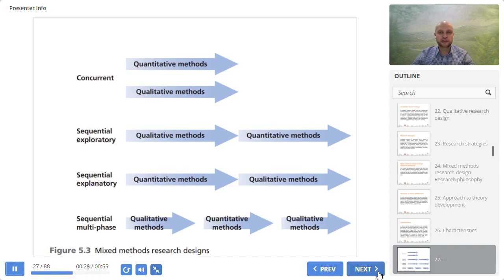Sequential mixed methods research involves more than one phase of data collection and analysis. For instance, in this design, the researcher will follow the use of one method with another in order to expand or elaborate on the initial set of findings.